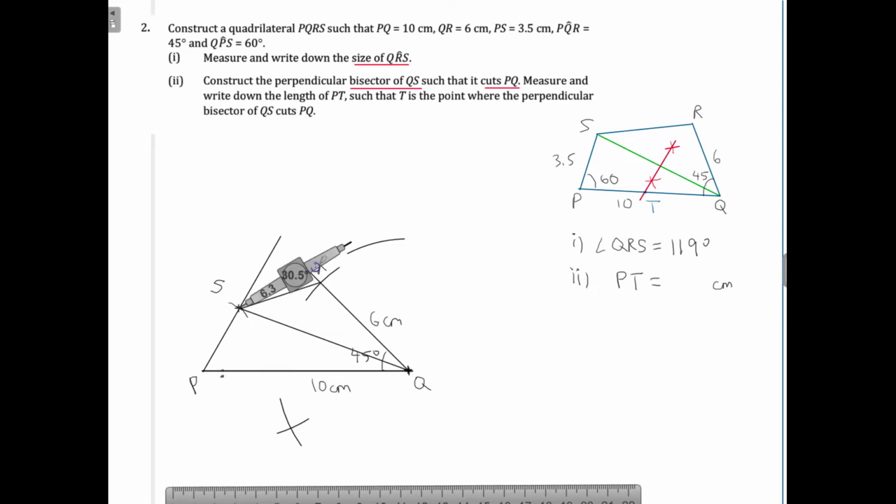And on the other side, we do the same. So now we have our two crosses, which we can join to get the bisector.